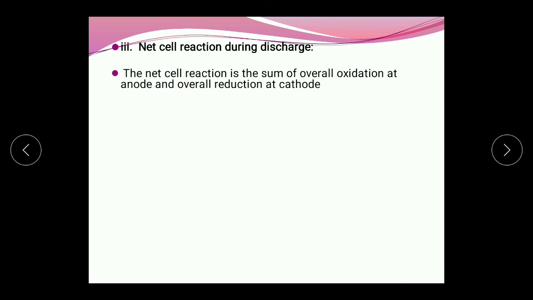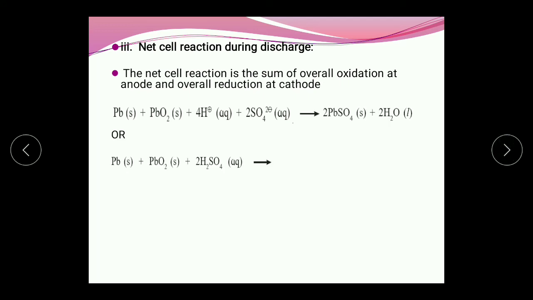So we will see that net cell reaction during discharge. It is the sum of overall oxidation at the anode and overall reduction at the cathode. Hence, the reaction will be like this. We already added both the reactions, that means reaction number 1 and reaction number 2.